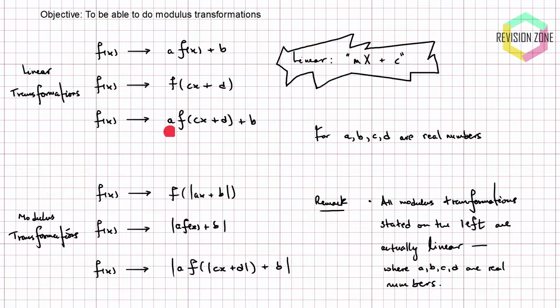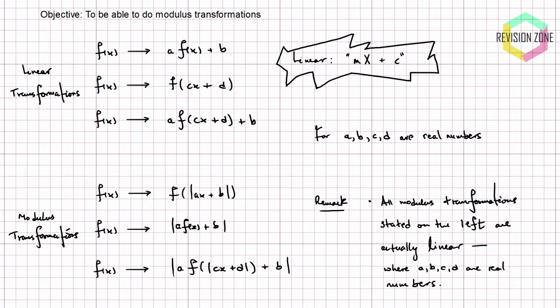And in the last case, you've got both the inner part being transformed linearly and the overall outer part being transformed linearly. By linear, I do just mean something of the form mx plus c. I should add that a, b, c, and d are real numbers.